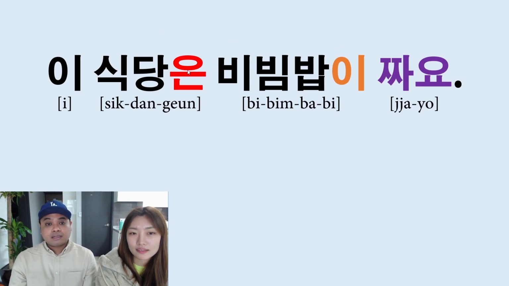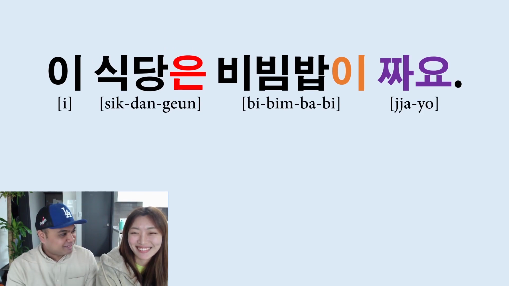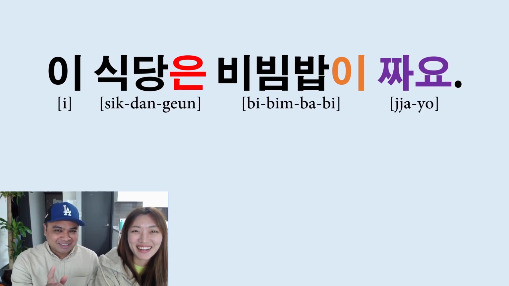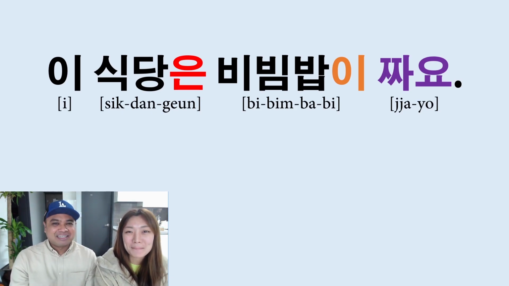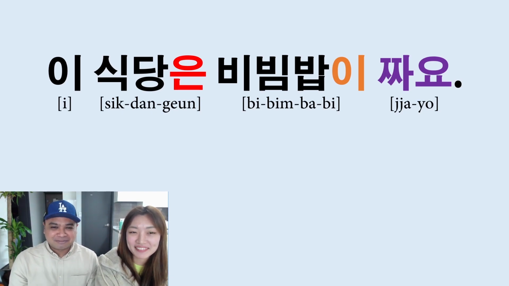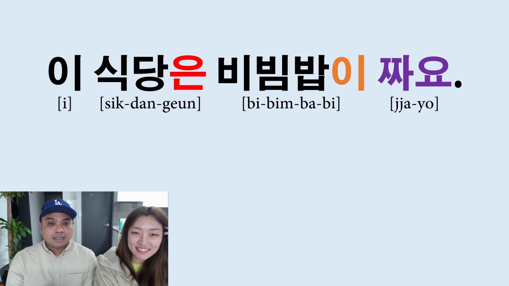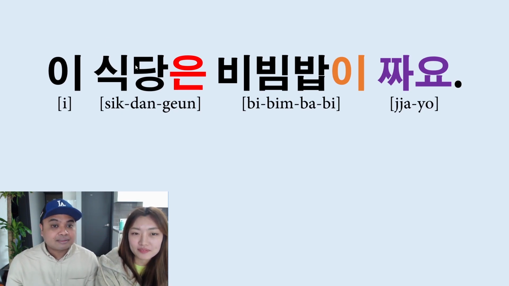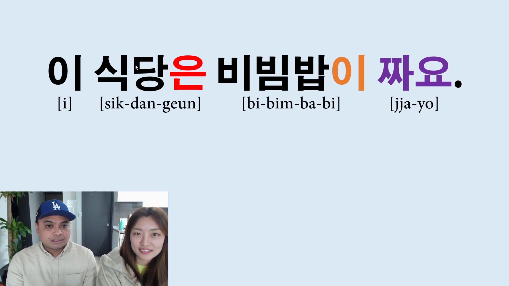So here, I attach 은 to 식당, which means we're talking about the restaurant. Now she's laughing because it's going to get complicated later on, and you're wondering why. Don't worry.